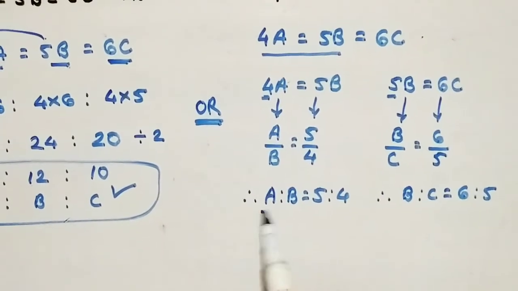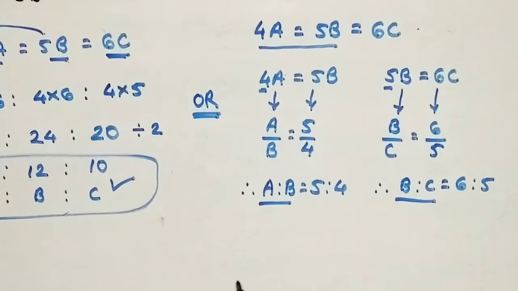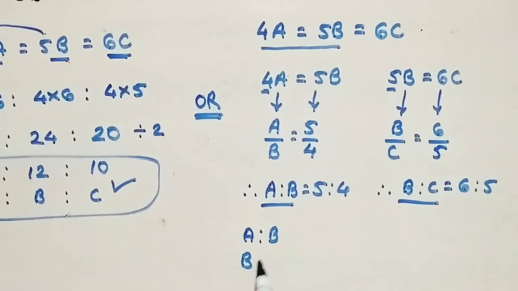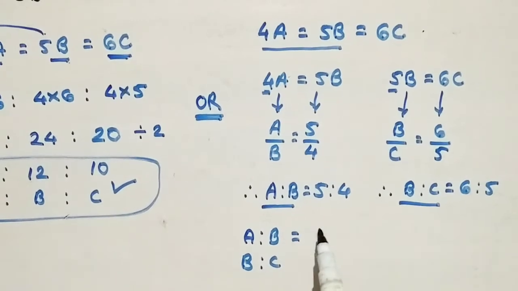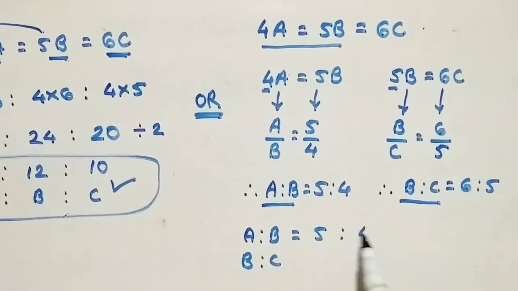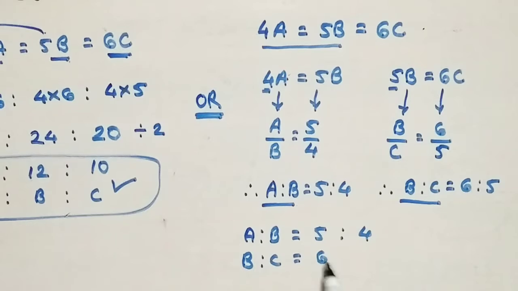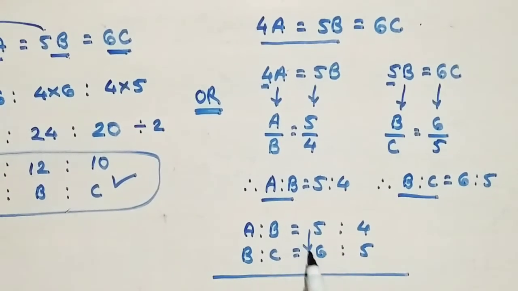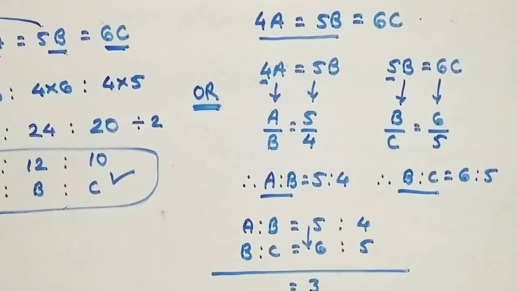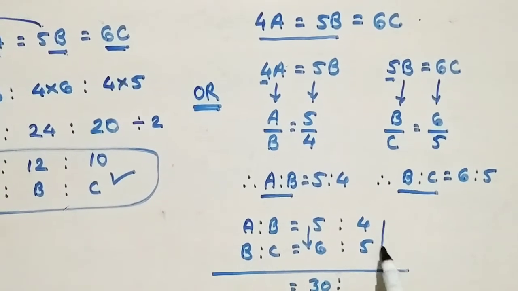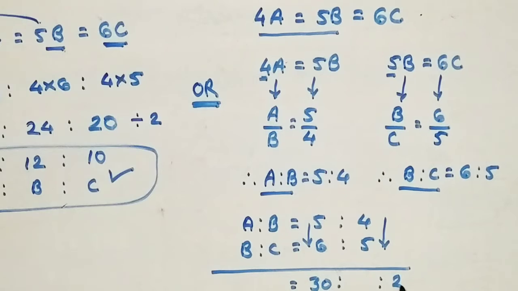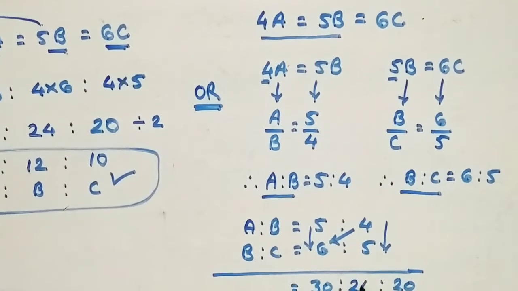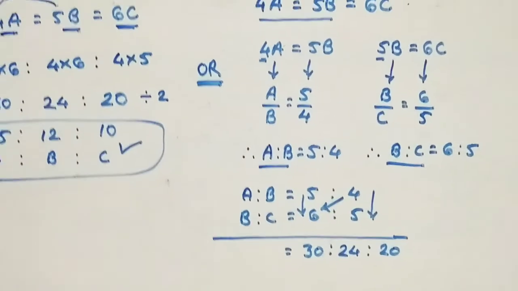So we have the value of a is to b and b is to c. So 5 is to 4, 6 is to 5. So 5 6s are 30, 4 5s are 20, and 6 4s are 24.